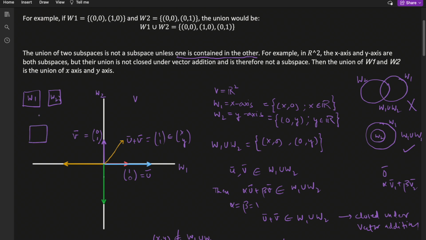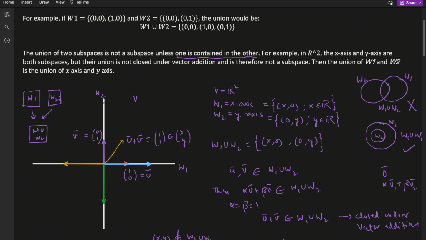Now you take all the vectors from W1 and all the vectors from W2 and put them inside this box or this collection. This is W1 union W2. Okay, so we are not taking any combination between vectors of W1 and W2. We are just taking all the vectors from W1 and all the vectors in W2 and placing them in another bag, and that bag is W1 union W2.